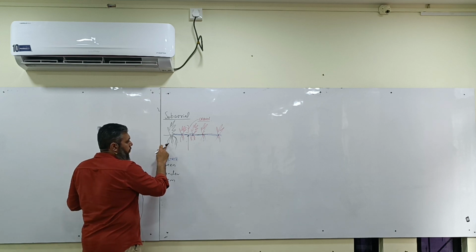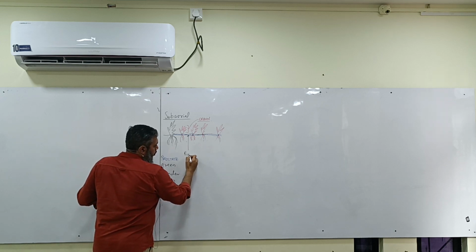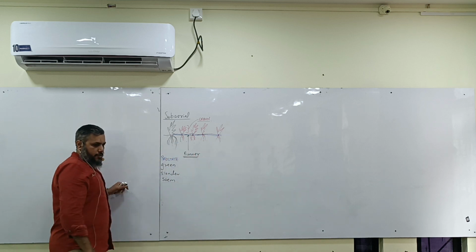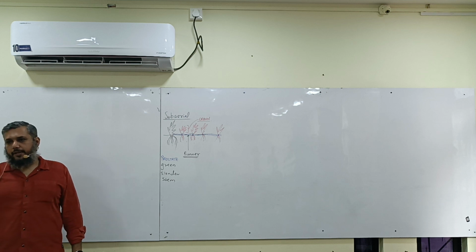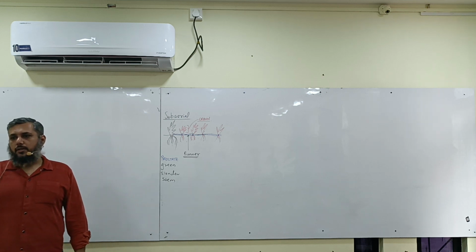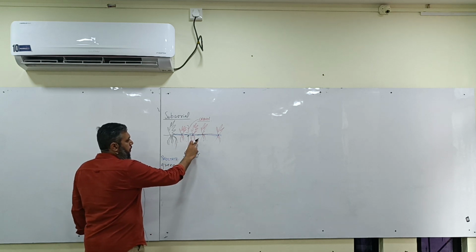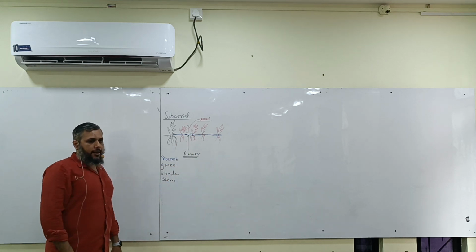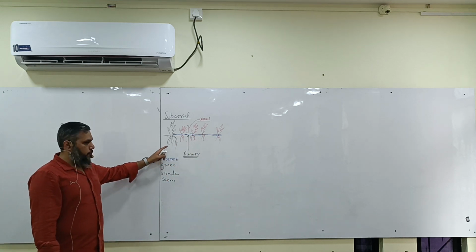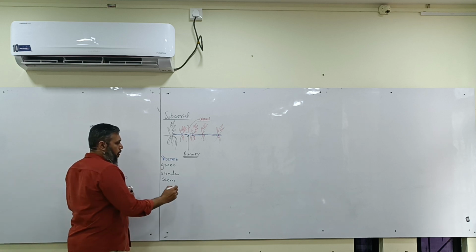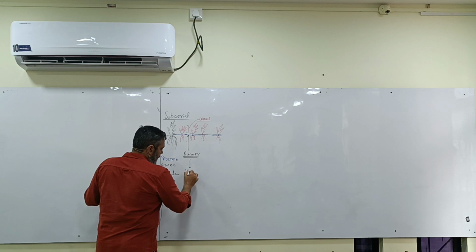That is why it is called a runner. And all these daughter plants will be genetically identical to this particular mother plant because they are all products of vegetative reproduction.